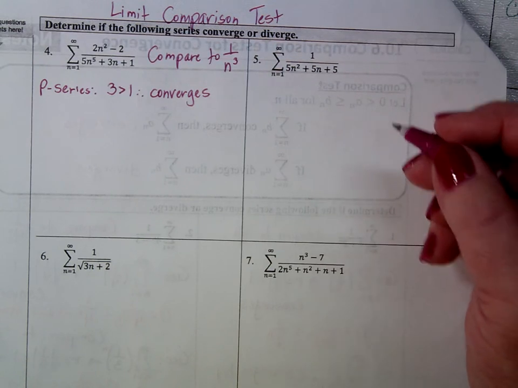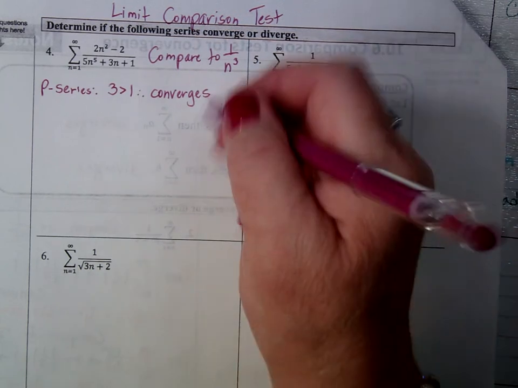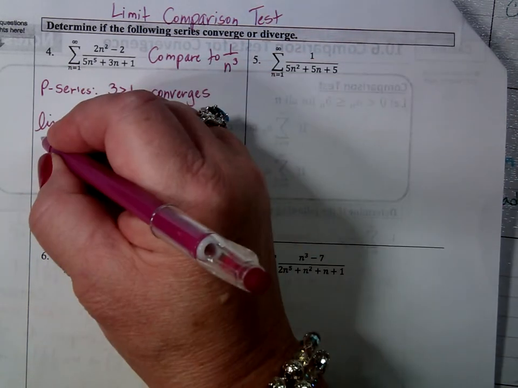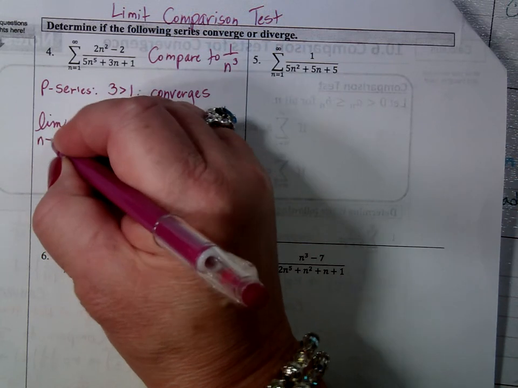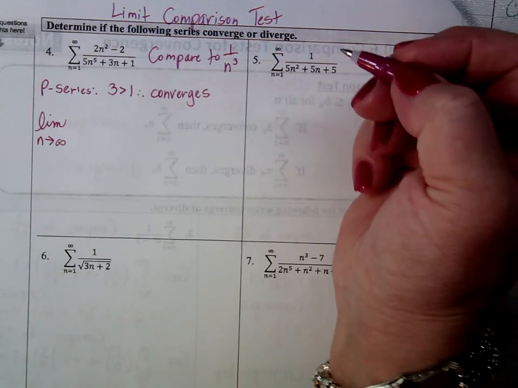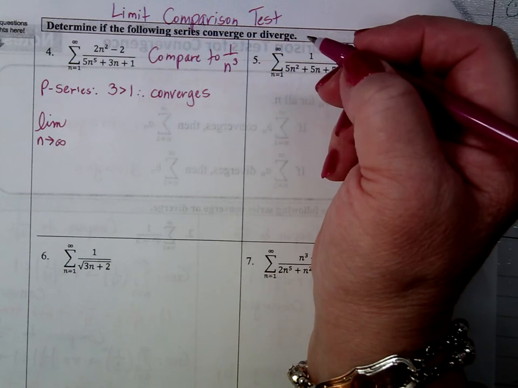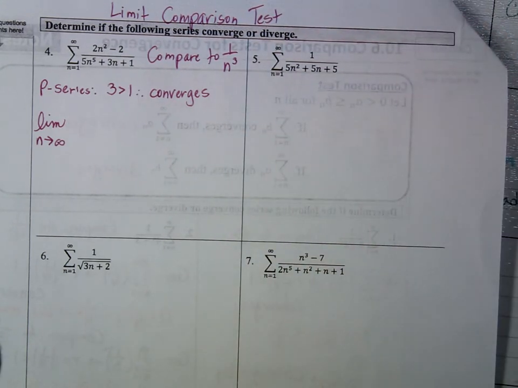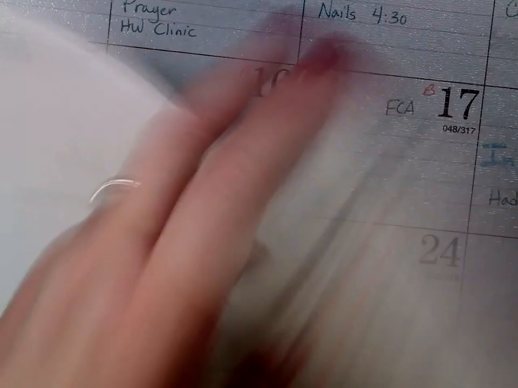So now I'm going to put that into my limit comparison test. Well, the limit comparison test says this: the limit as n approaches infinity of my original function, and I'm going back and looking at just where this is coming from, right here.